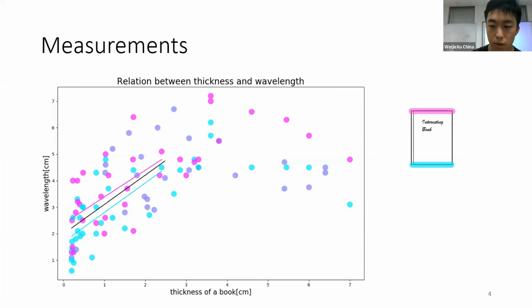Yeah, this is a method too. But how can you verify that if you cut the book into pieces, you won't influence its distribution and shape of the wavelength?